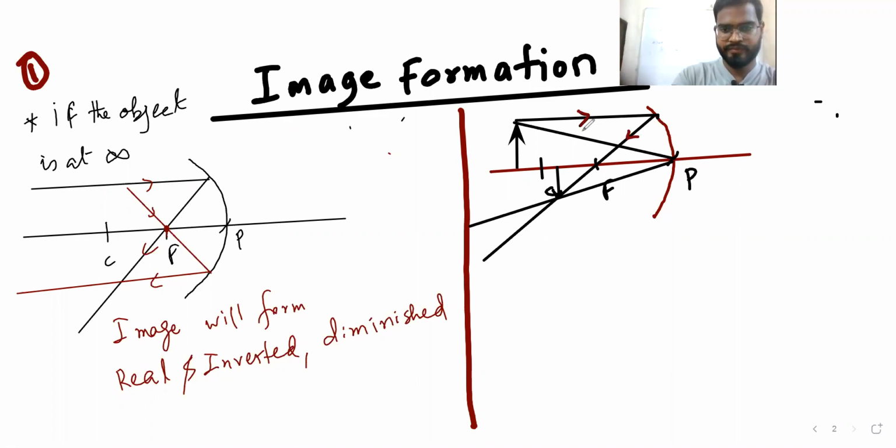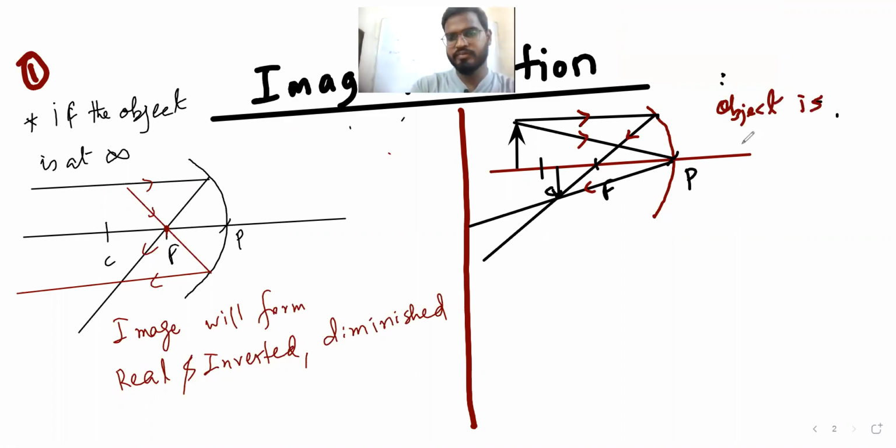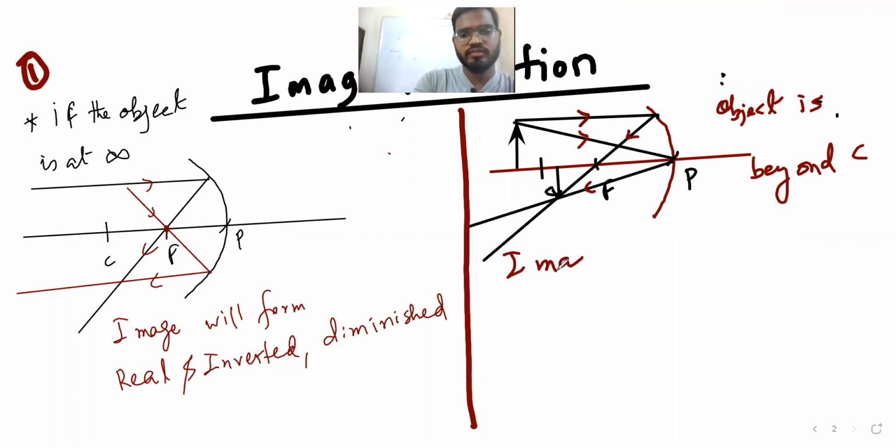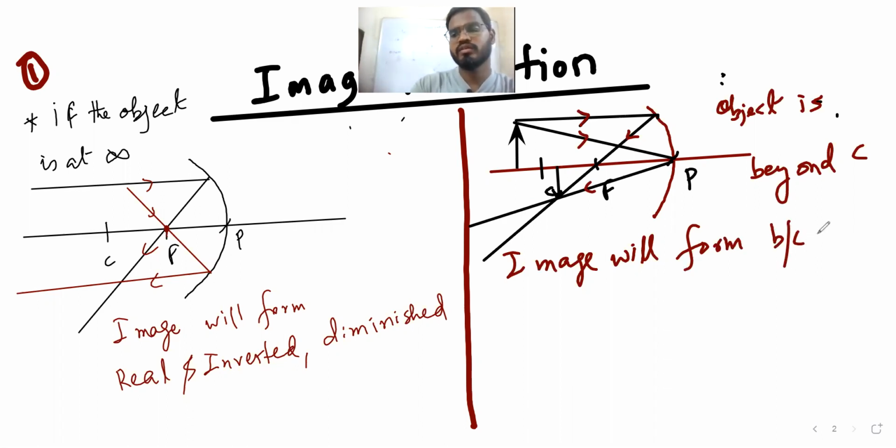If the object is beyond C, the image will form between C and F. That is again real, because actually the rays of light are meeting.